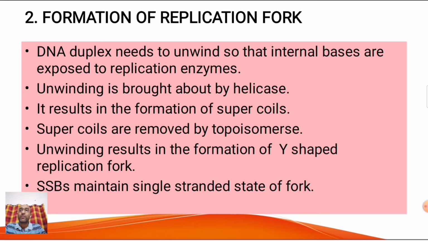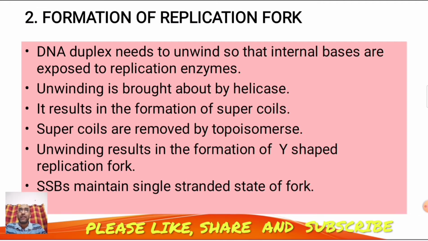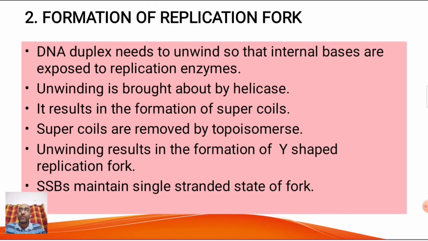Now next comes the second one, formation of the replication fork. You know that for the DNA to synthesize a new DNA strand, it needs to get unwound so that the internal bases get exposed to replication enzymes. Got it? This unwinding process is brought about by the helicase enzyme.